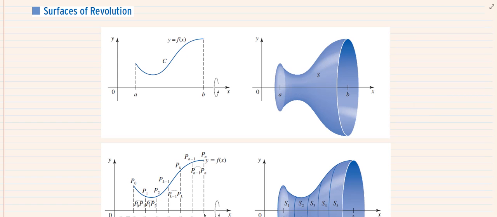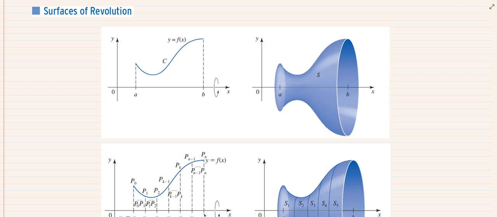Suppose again we have a curve like this and we are revolving it about the x-axis. The result of the rotation gives you this solid that you're looking at, and we are interested in the surface area, the area on the outside.